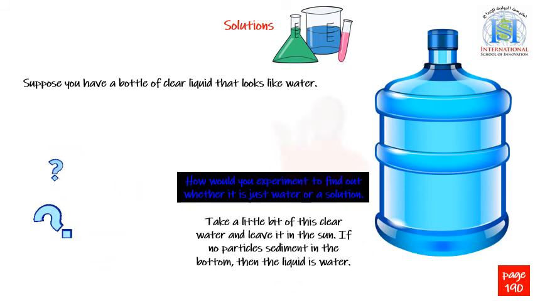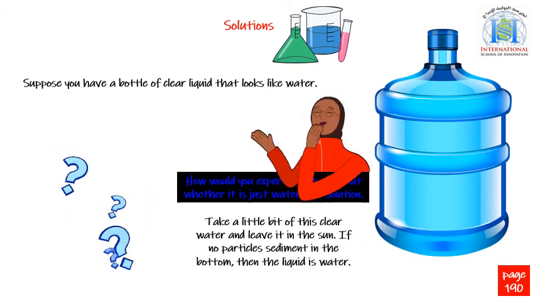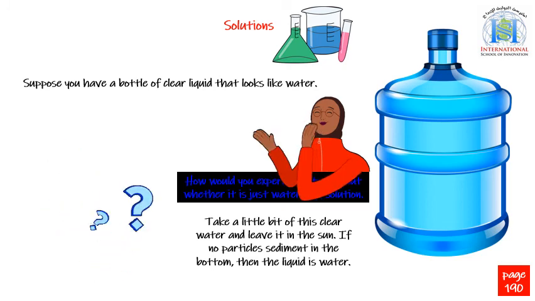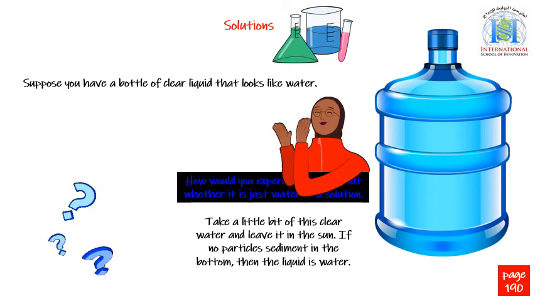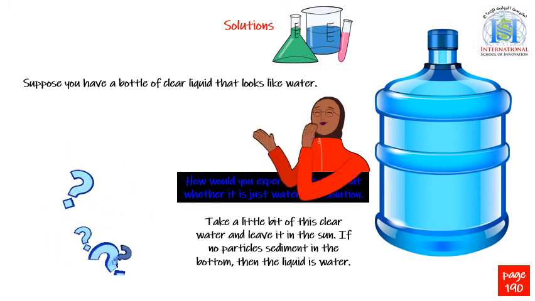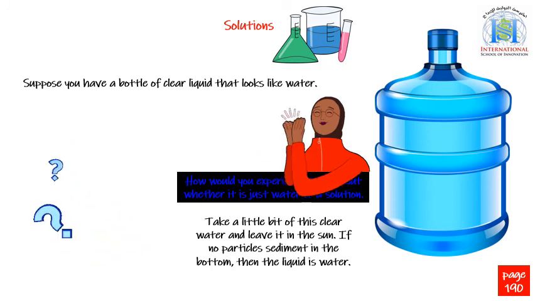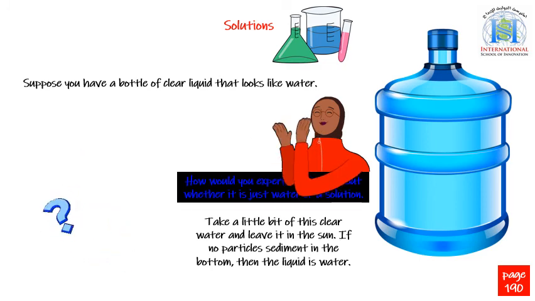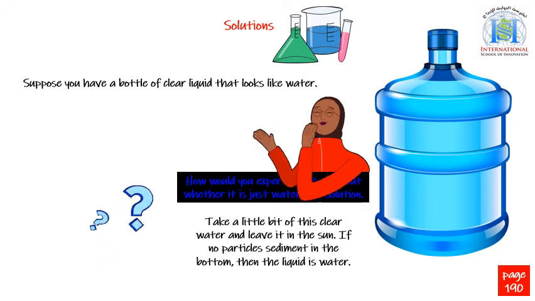Perfect. So one way is we can take some of this liquid in a cup and we can leave it in the sun or we can heat it. Evaporation will help us figure out if the water contains something else or it's just water. If it has nothing in it, the whole amount of water will evaporate.